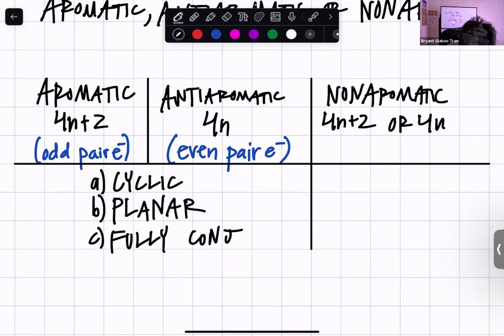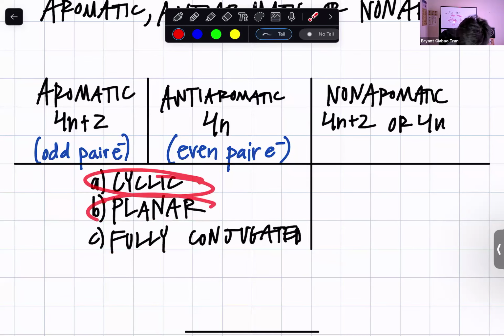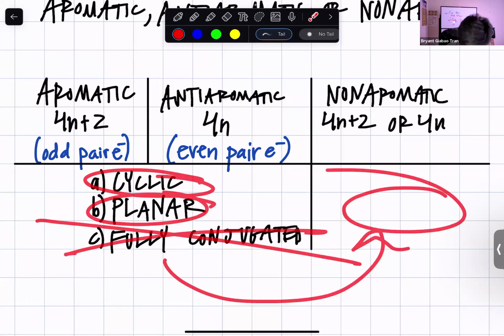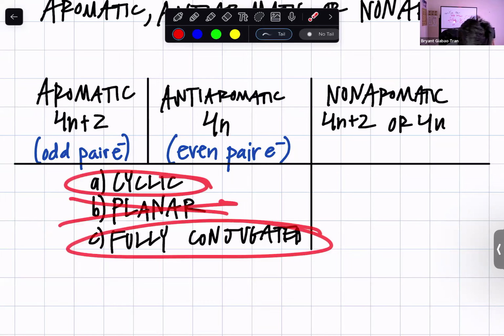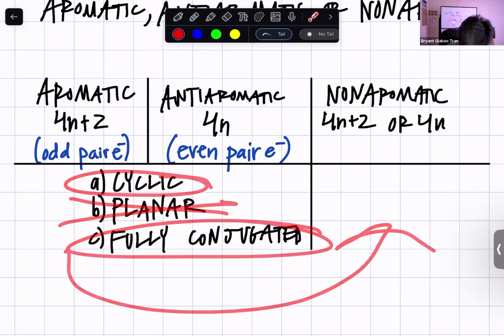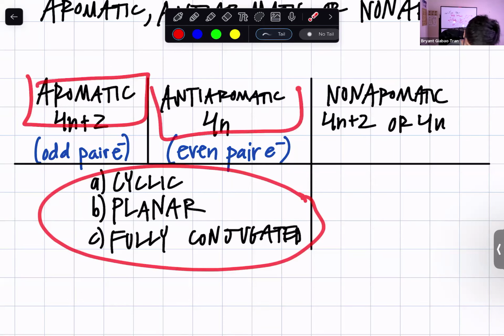If the molecule is missing at least one of these, like let's say it's cyclic and planar, but it's not fully conjugated, then it's automatically non-aromatic. Or if it's fully conjugated and cyclic, but it's not planar, then it's non-aromatic, right? So you need to fulfill all three conditions in order to be considered either aromatic or anti-aromatic.